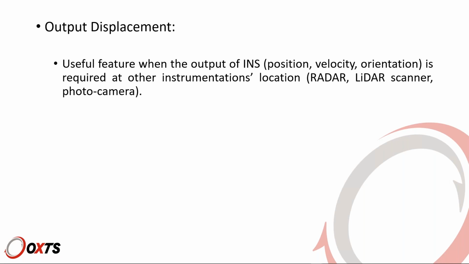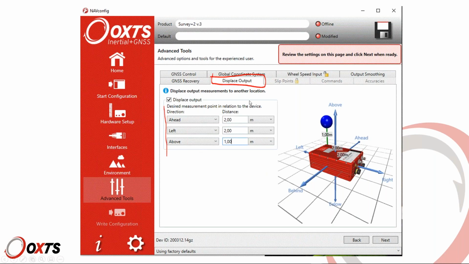So you can configure the system to displace the output to that point. All you need to do is specify where that point is in relation to the IMU. Okay, so instead of having the INS data from where the INS is mounted, you have it from a different location. And it might be useful also to know that you can change this in post-processing.